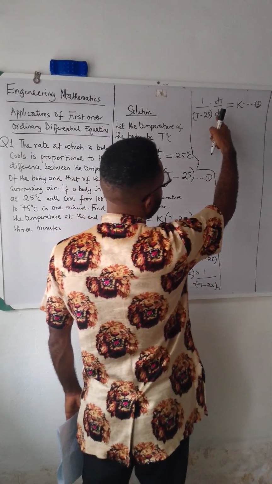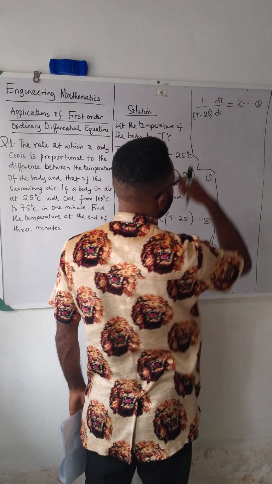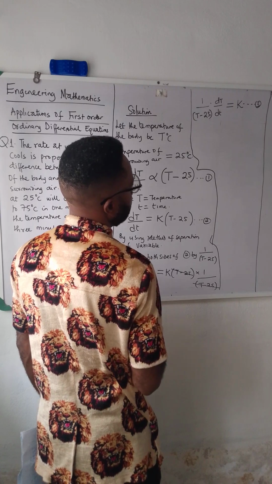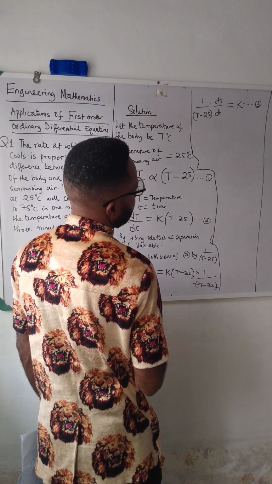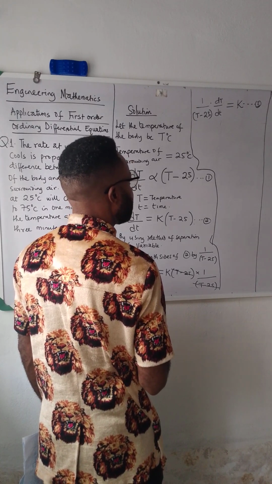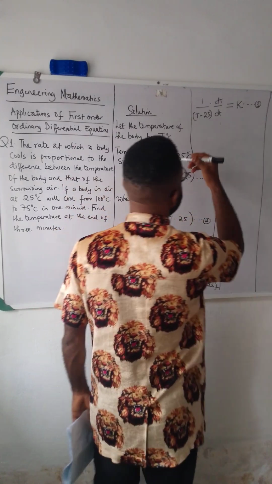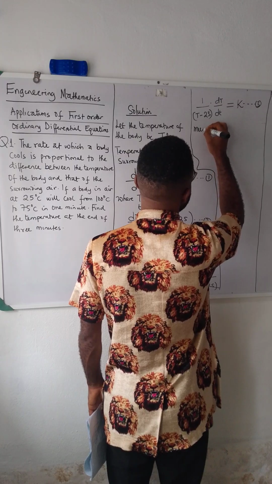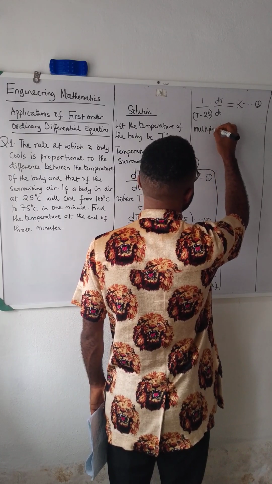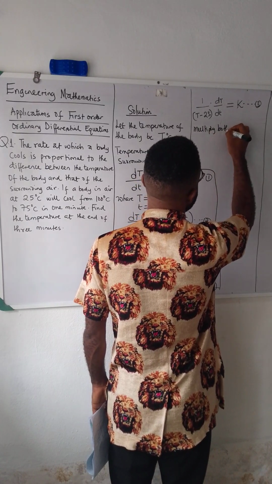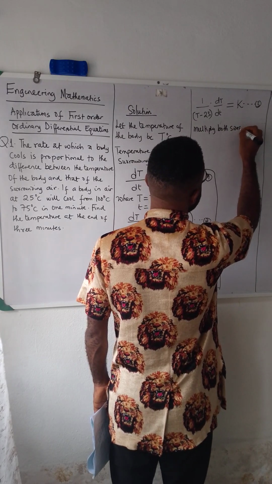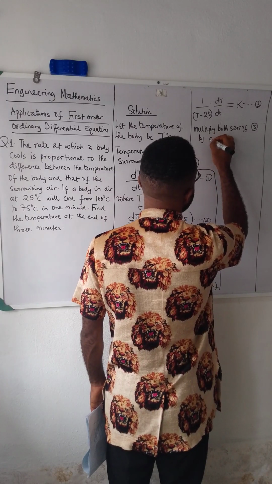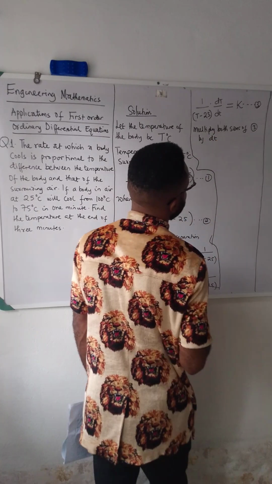Now we also have to eliminate this from here so that it can go to k, to the right hand side of the equation rather. In order to achieve that, we can say multiply both sides of equation 3 by the time, that is the small t. So we say multiply both sides of equation 3 by the time.